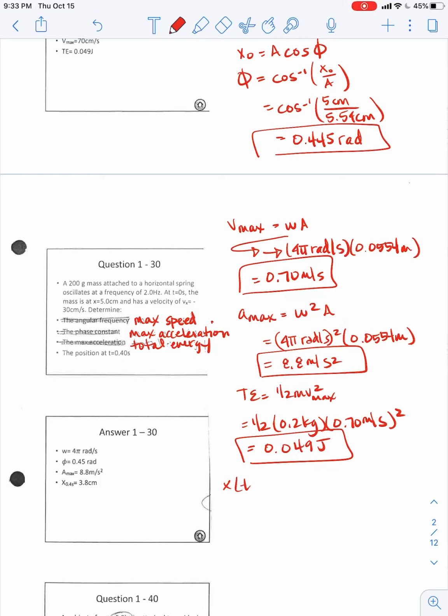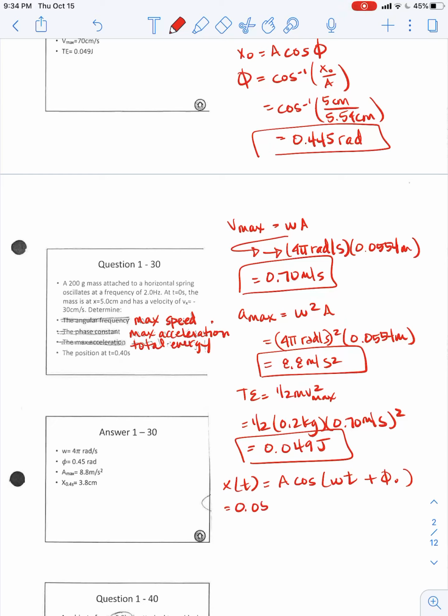So for the last one, it wants to know the position at 0.4 seconds. So you have to go through that position equation that involves the amplitude times cosine of that angular velocity times the time, not period. And it also includes that phase constant, since we did find the phase constant.